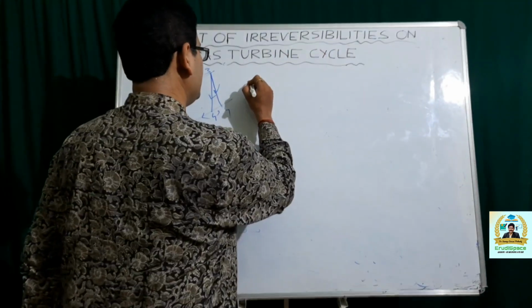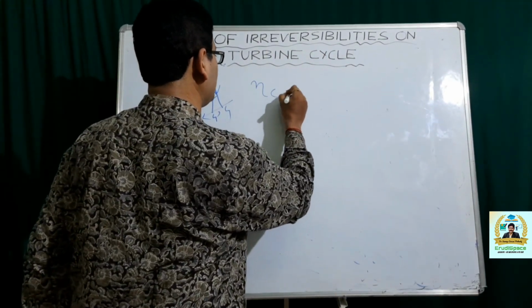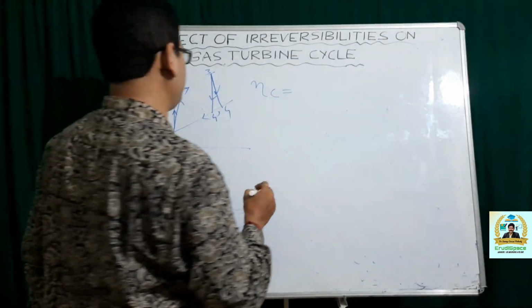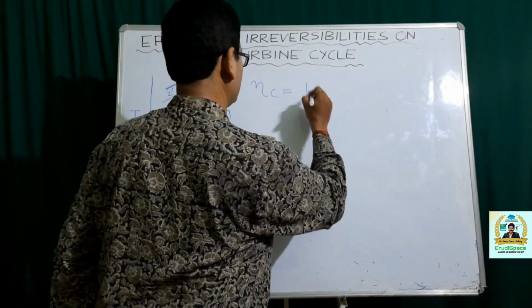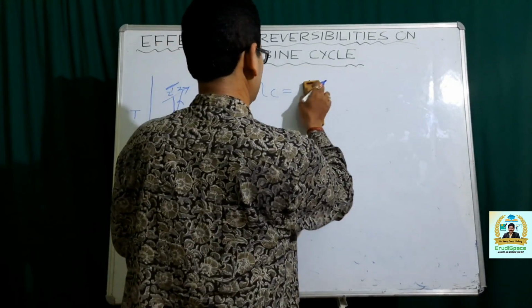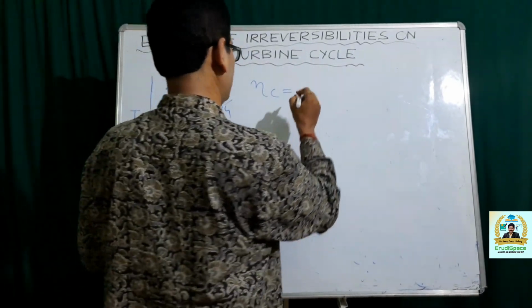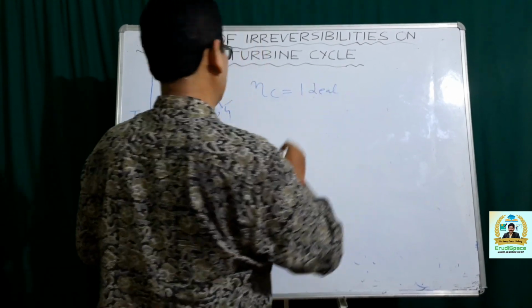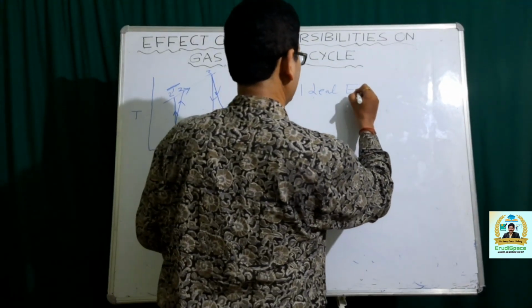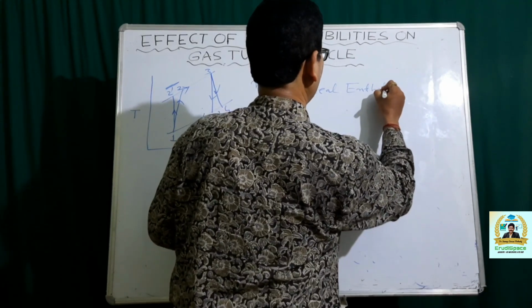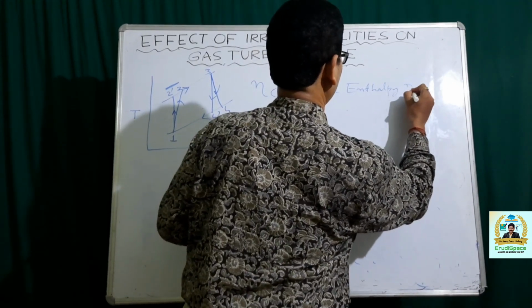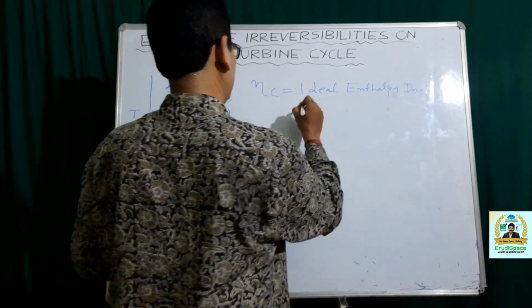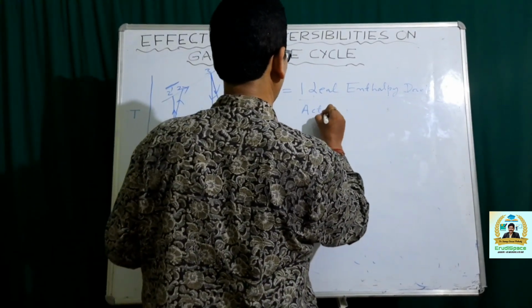As far as the efficiency of the compressor is concerned, that is the ideal enthalpy drop divided by the actual enthalpy drop.